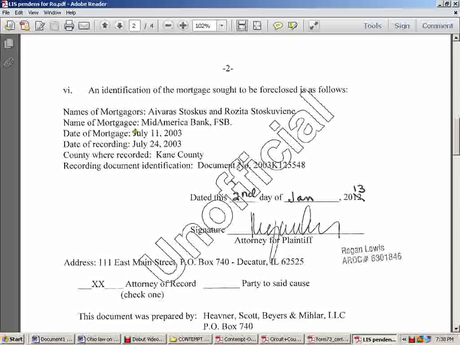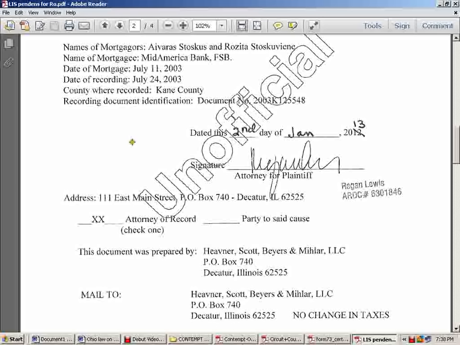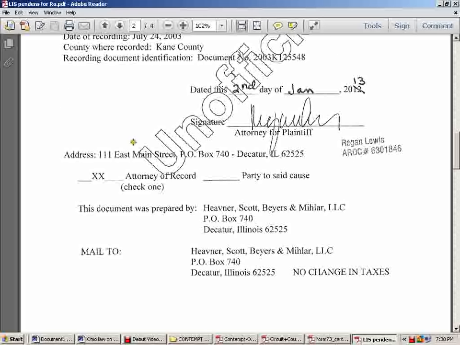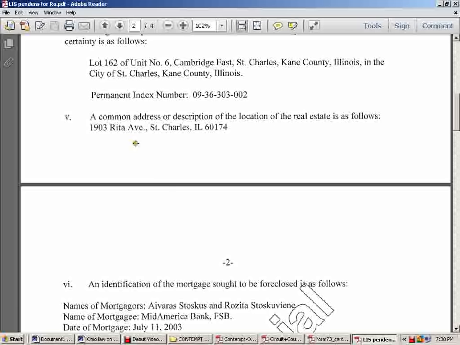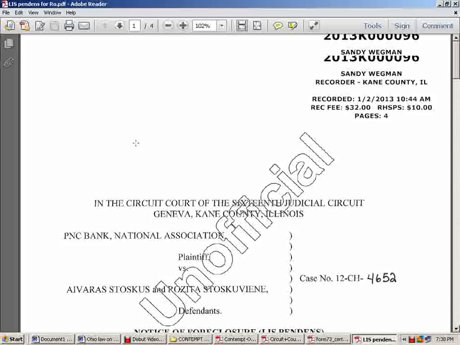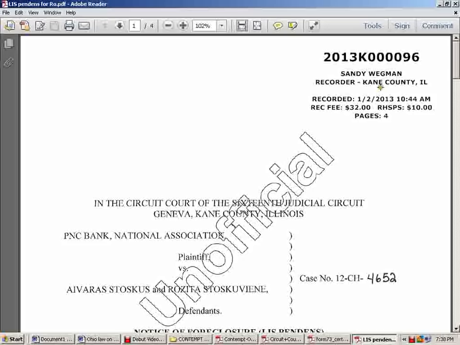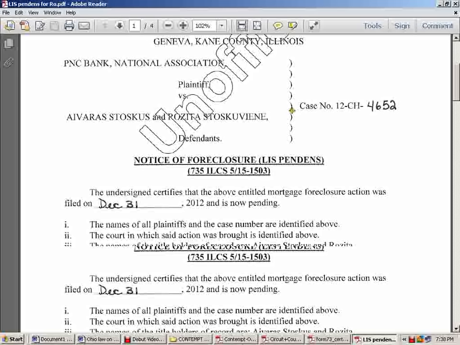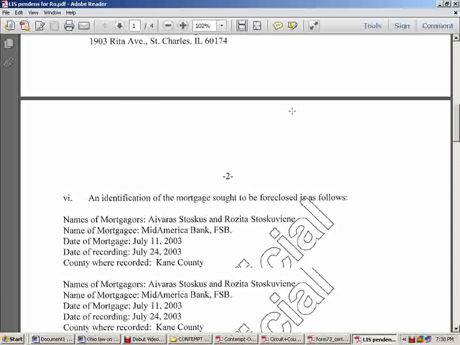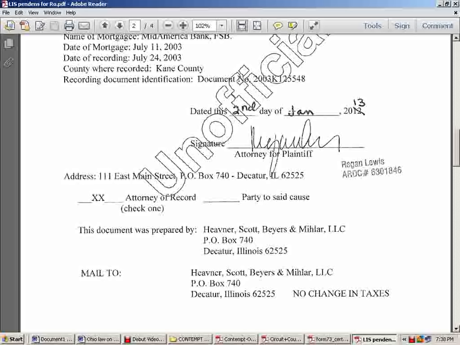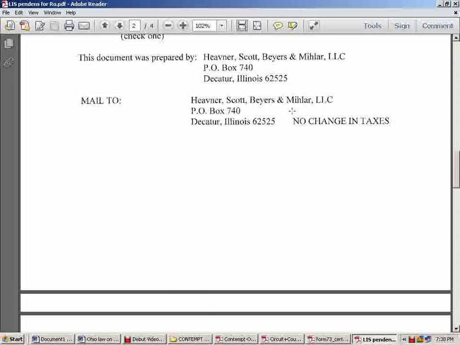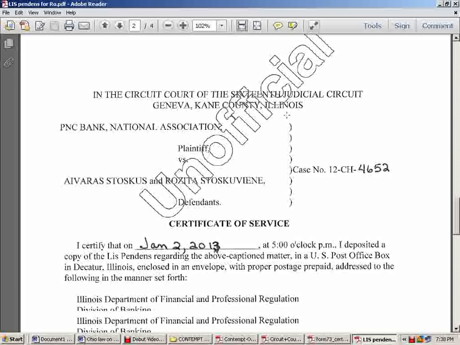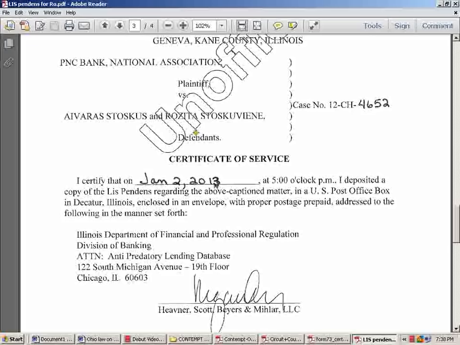Yada, yada, yada. Okay. So this was recorded in the, what do they use in Illinois? They have a recorder, Kane County, Illinois. Right? We have register of deeds here in Michigan. Some places have recorders. Okay? And this is a 4-page document. Now, one of the things they did was, this is the certificate of service.